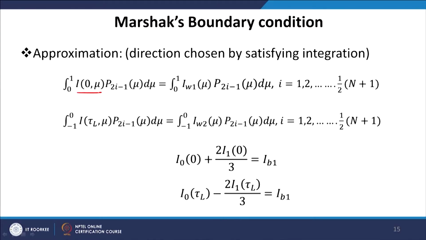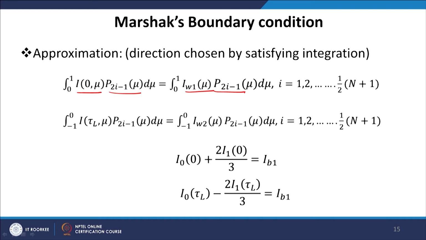So, he took the intensity at the wall, multiplied it by the Legendre polynomial and then integrated it, and he argued that this should be satisfied. So, the intensity coming from the wall, that is I w1, and the intensity going into the medium, the two should be satisfied at the wall in an integral sense.